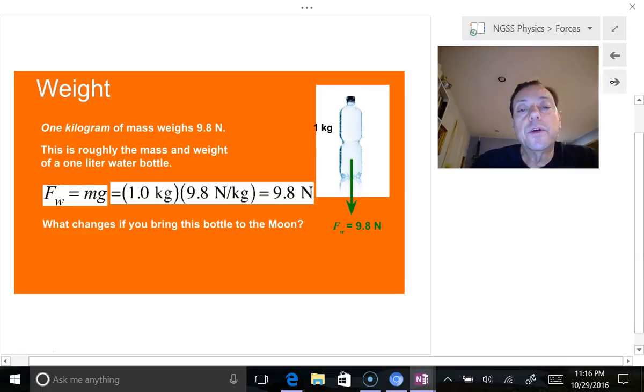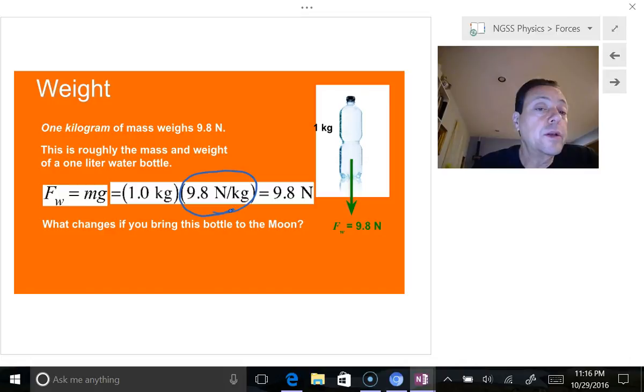What changes if you bring this bottle to the moon? Well, that's an interesting question. What changes is the acceleration due to gravity on the moon, because the moon has gravity. It has no air, but it does have gravity, although it's less.